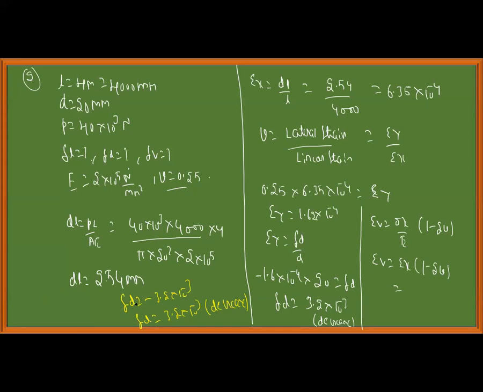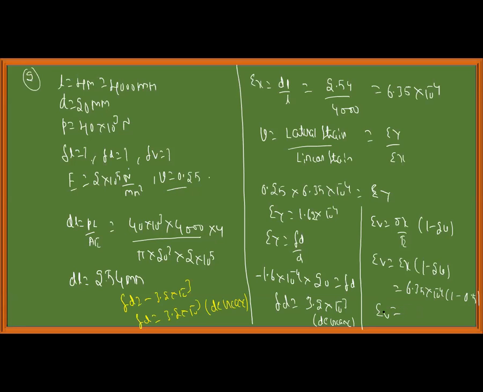Epsilon x is found to be 6.35 into 10 power minus 4, into 1 minus 2 nu, where nu is 0.25, so 1 minus 0.5. You tell me the answer.